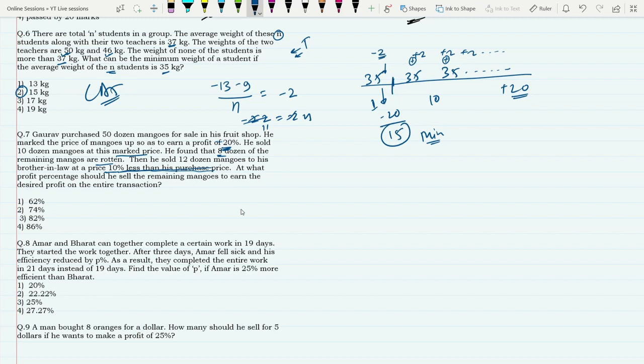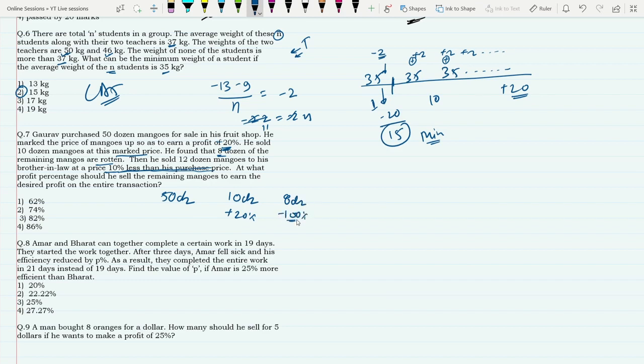Does it make you feel that these 50 dozen mangoes are divided into smaller lots and then sold at different prices? All such questions should be best solved through averages. There are 50 dozen of these. On the first 10 dozen, he has made 20% profit. Then 8 dozen are completely rotten, so every penny is lost.